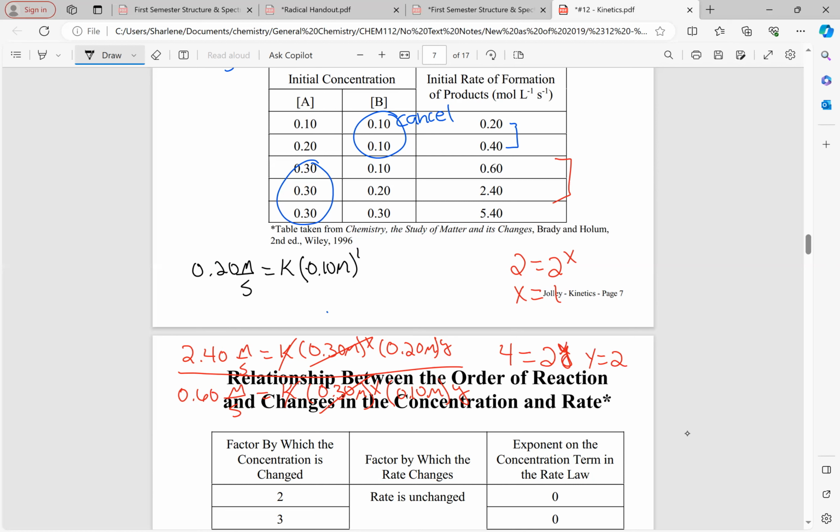X was 1, and 0.10 molarity, and Y was 2. All right, so I'm going to get 0.20 molarities per second is equal to K times 0.10 M times 0.01, I believe, molarity squared.